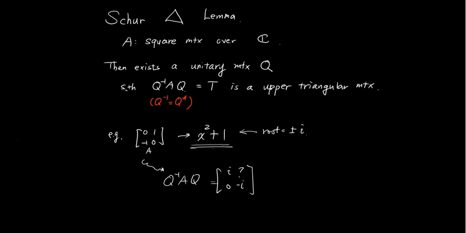But now, suppose we have a matrix A over R, and we are lucky that all the roots, all the eigenvalues, are real numbers. Then in that case, we are able to say something better: T and Q can be real.